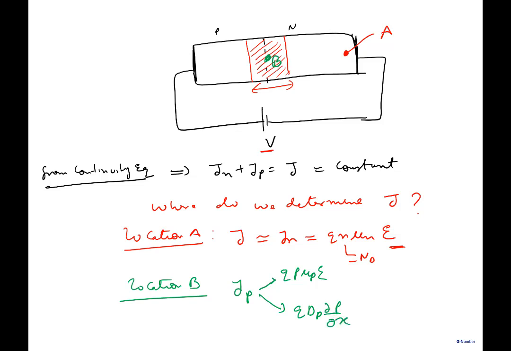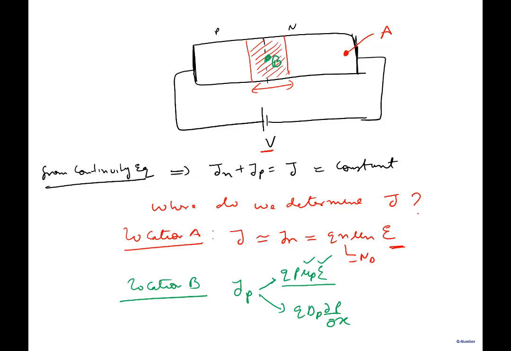And as I said, you can go ahead and calculate this q p mu p E. You know the mobility and the electric field, we've already done how to calculate electric field right at the junction, we know how to calculate mu p, and p also we can calculate, we'll see in today's lecture. And therefore, one can calculate the first component.